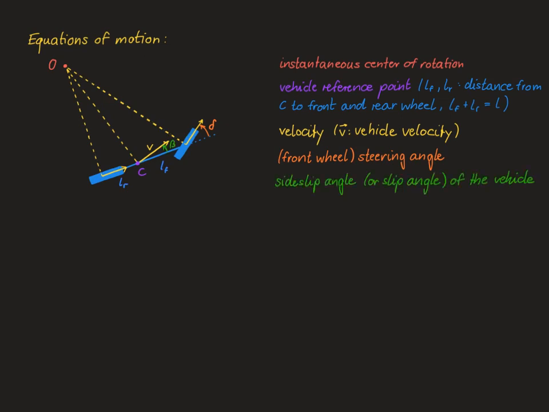Next, the vehicle's side slip angle, or just slip angle, is defined as the angle beta between the heading of the vehicle and the velocity vector v.